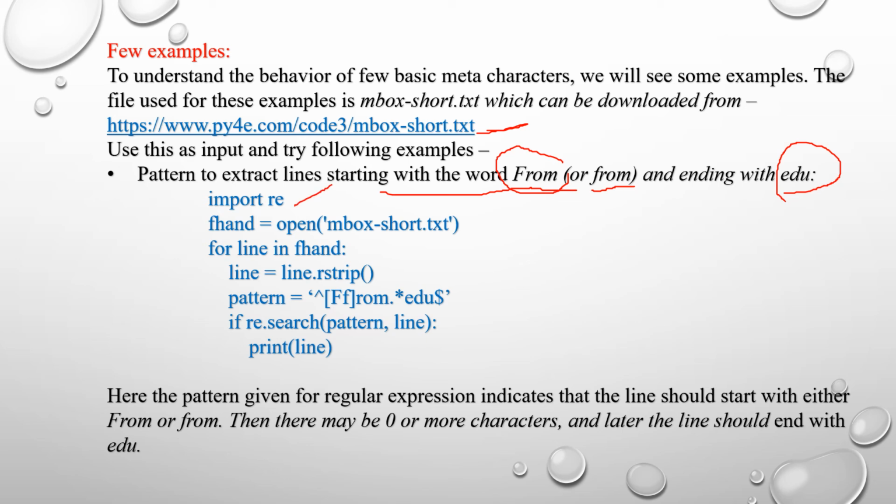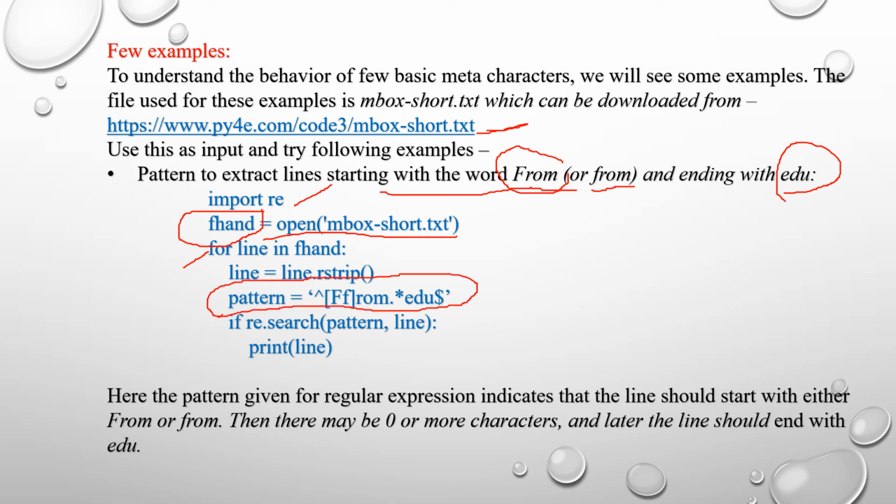First we have to import the regular expression module. After that we have to open the file. The file name is mbox-short.txt, and I name the file variable fn. This is my iteration, and this is my pattern.